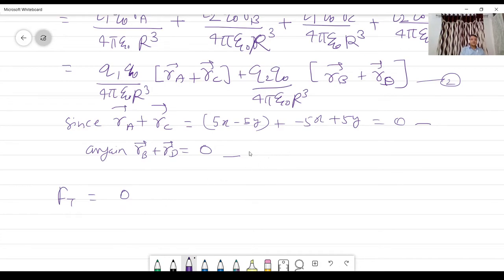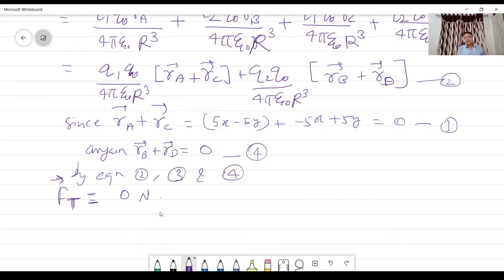Because of equations 2, 3 and 4, I can show that the total force will be 0. Hence you can prove this concept, that the total force on the center of a square in this condition will be 0. So 0 Newton is the answer.